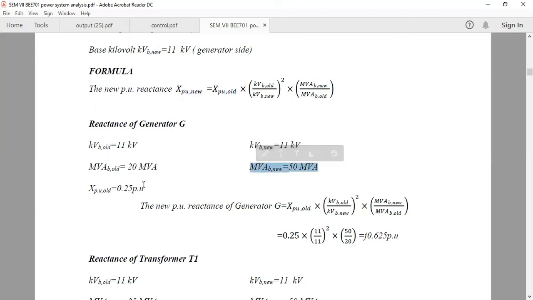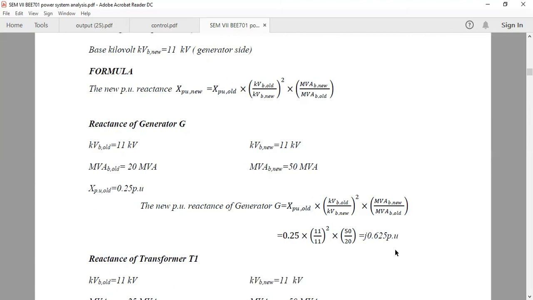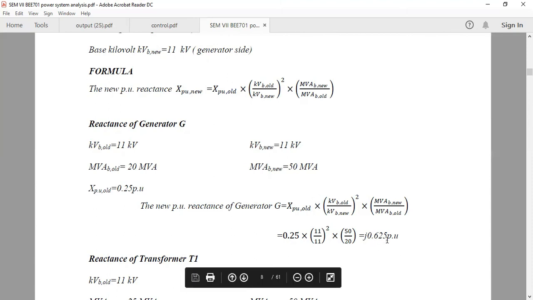So all values we have, and X per unit old for the generator is 0.25 per unit. Therefore, with the help of the formula we have seen earlier, the new per unit reactance value of the generator is X per unit new equals j0.625 per unit.